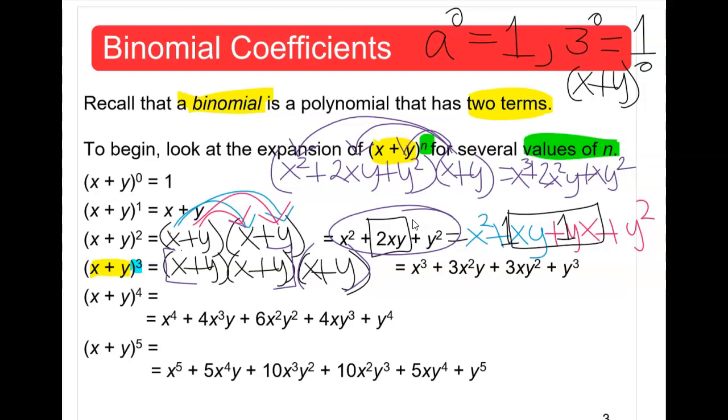Then we will do the same thing with the y, so it will be y times x squared, x squared y, and then y times 2xy.